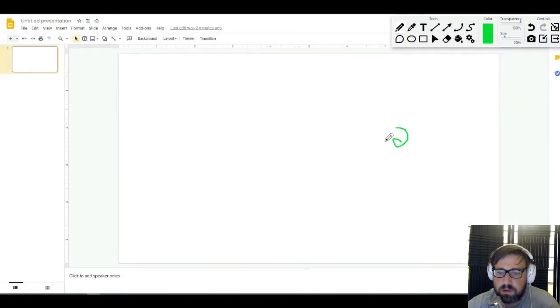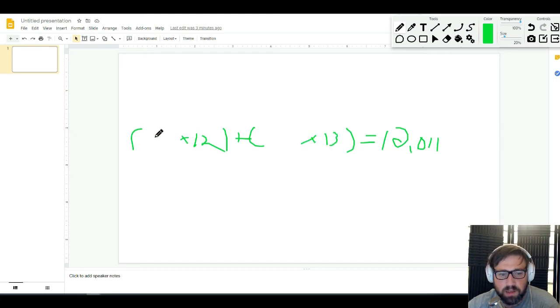So 12.011 equals, let's set this guy up, and we know it was 12, and we know the other thing was 13, and then we multiply here, and instead of using x, because I put x's here for multiplication, I'm going to put z.